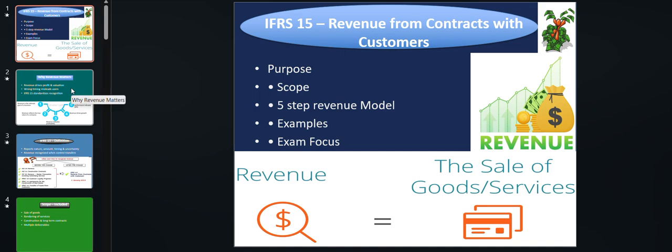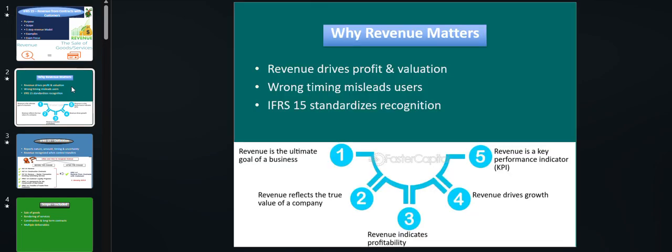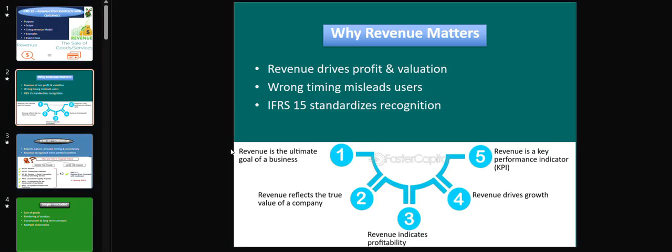Before going into much detail of IFRS 15, first we will try to understand why revenue matters. As we all know, revenue is the top line of the income statement. It drives the profit of the company. It influences how investors value our company. If revenue is recorded at the wrong time, either too early or too late, it can mislead users of financial statements.